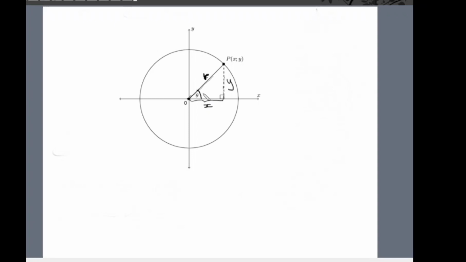Now we have an angle theta there, right? Because we have an angle in a right angled triangle, we can define the trigonometric ratios. Think about SOHCAHTOA. SOHCAHTOA will be key to all of our questions.